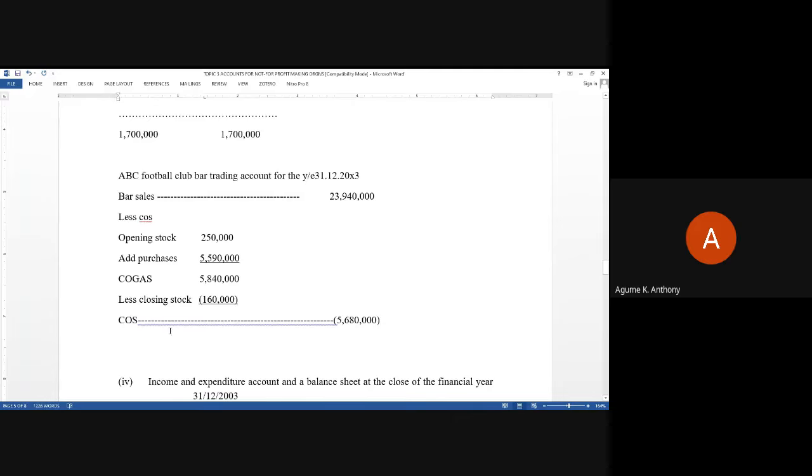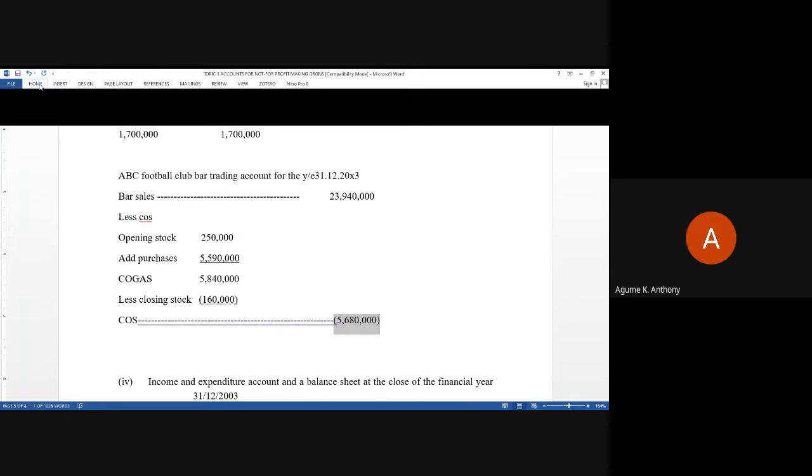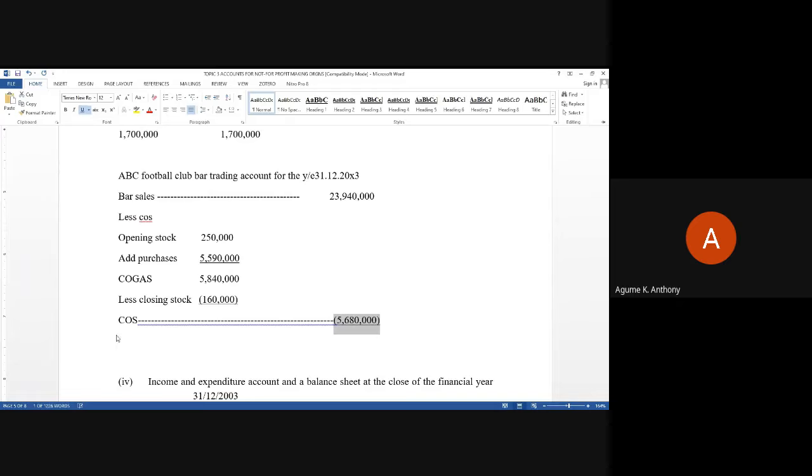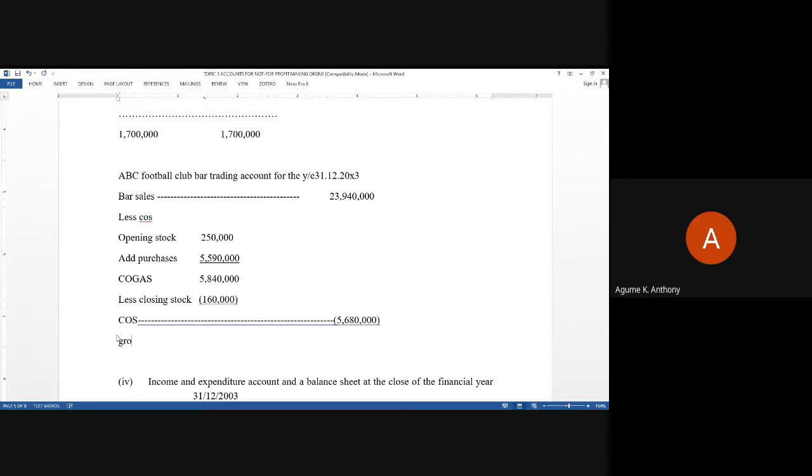Once you less the gross profit in respect to the bar, your gross profit in this case is 18,260,000.